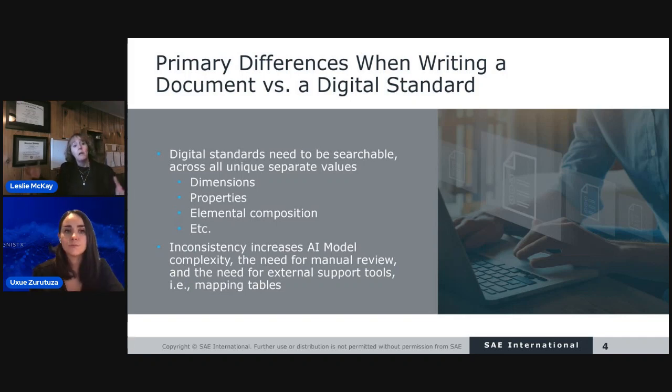They're going to be searching on dimensions, on elemental composition and properties in ways that you can't search groups of PDFs today. So it's very different how they're going to be used, and that also will impact how your standards are written going forward.